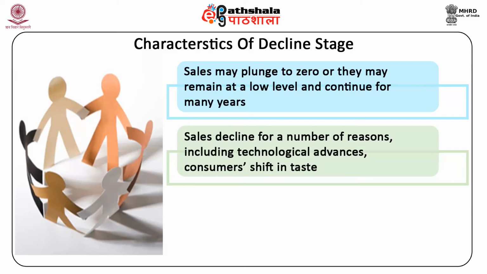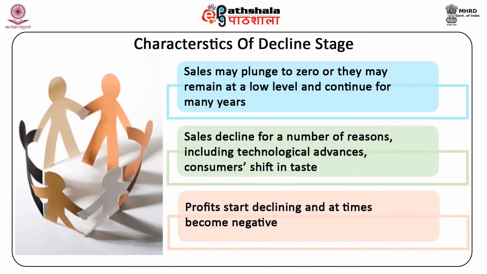Next, sales decline for a number of reasons, including technological advances, consumers' shift in taste, and increased domestic and foreign competition, overcapacity, increased price cutting, and profit erosion. Next, profits start declining and at times become negative.